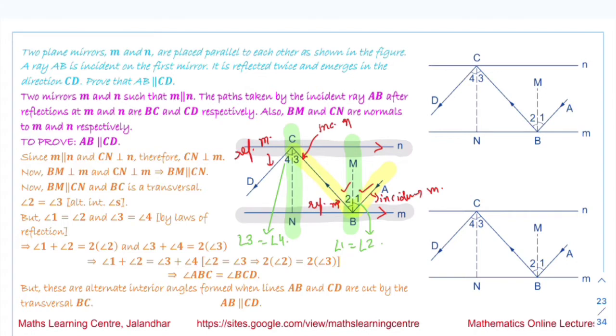Now if we consider the two parallel lines CN and MB, then we have CB as the transversal over here.